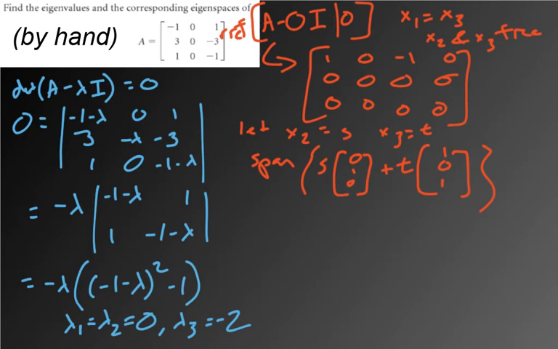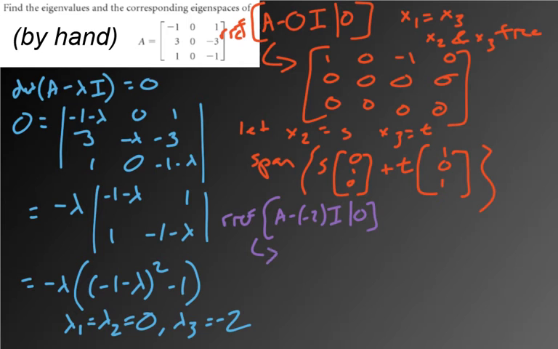So we're getting this plane. This plane is an example of the kind of stuff that doesn't change, or stays in its span, after the transformation, okay? And then we're going to do the RREF of A minus negative 2I augmented with 0.